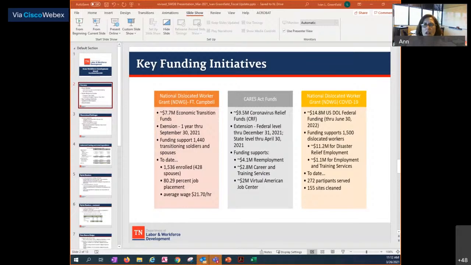And cleanup sites, yes, it would be short-term work, and usually the local board is the employer of record, and they work with the site to track time and things of that nature. But the hours are capped at 2,080 hours, or $20,000 per participant. Got it. Thank you.